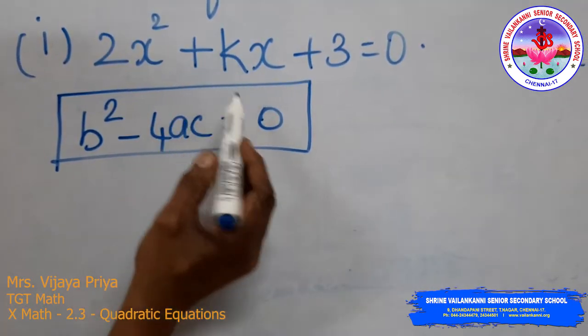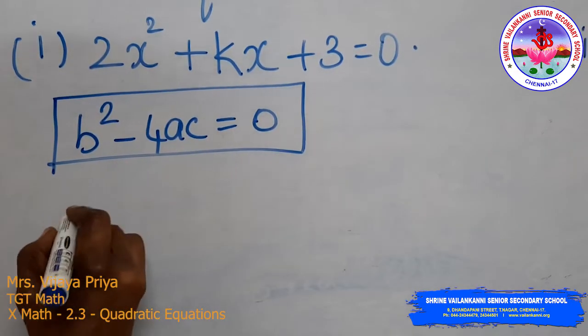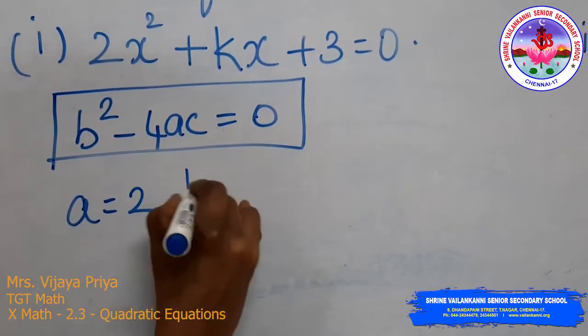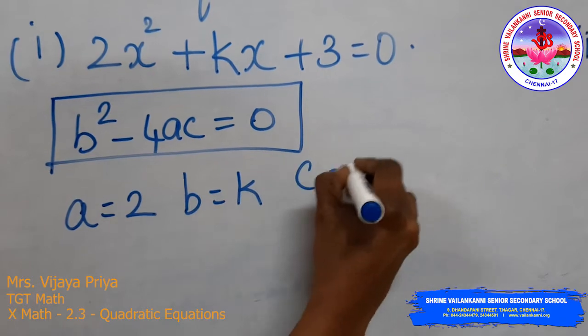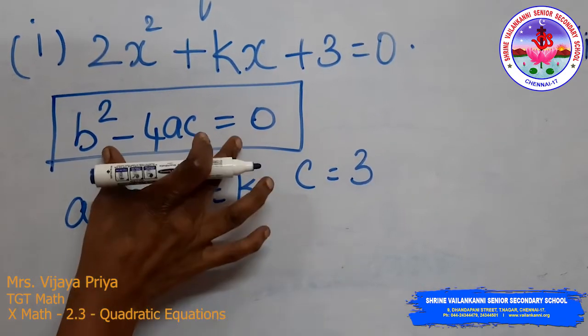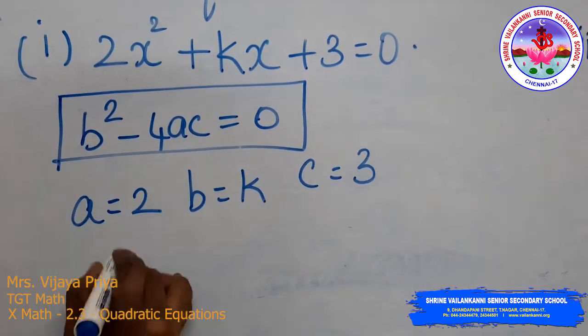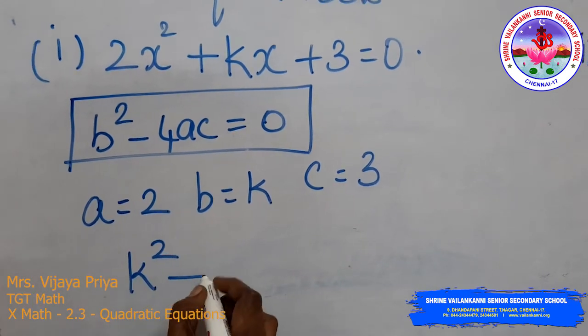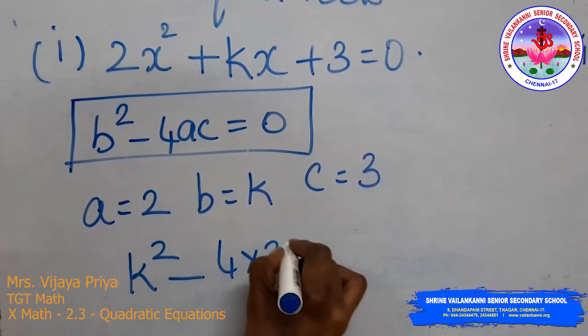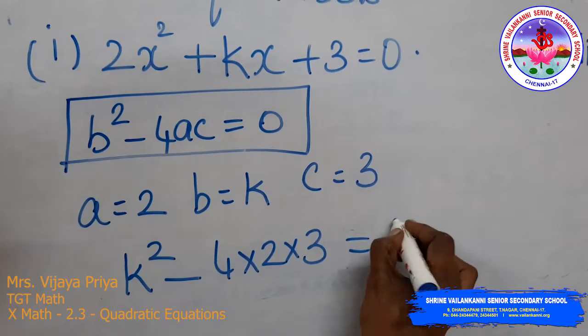Here we are writing a as 2, b as k, c as 3. We are going to substitute in this condition. So b squared is k squared minus 4 into 2 into 3, which is equal to 0.